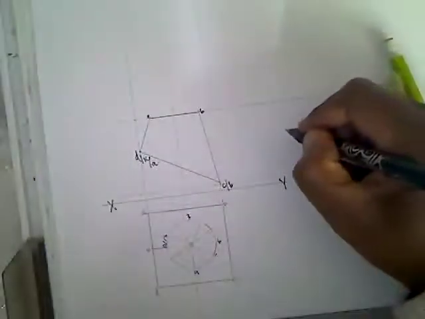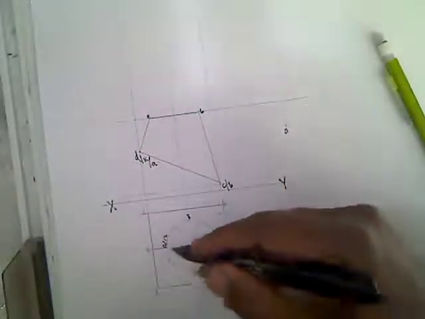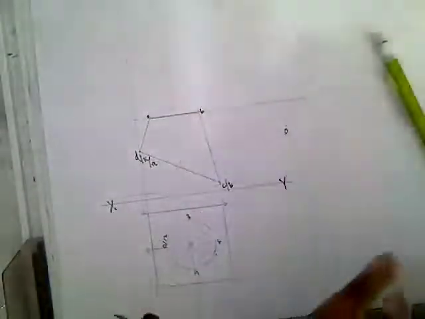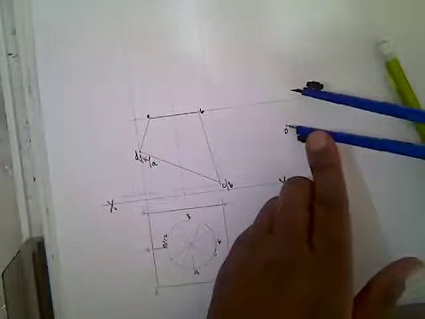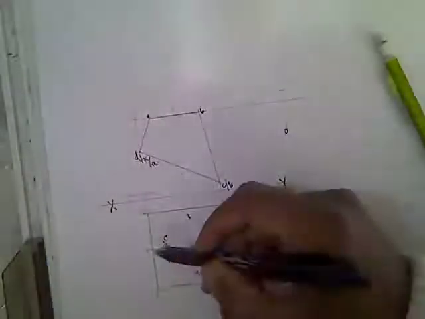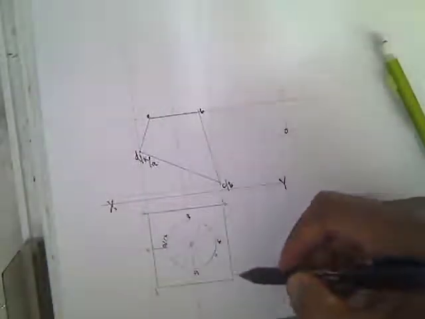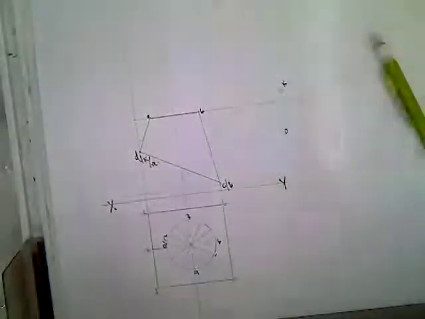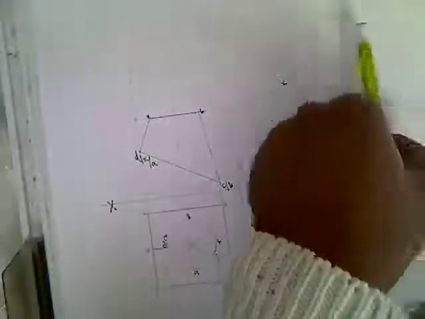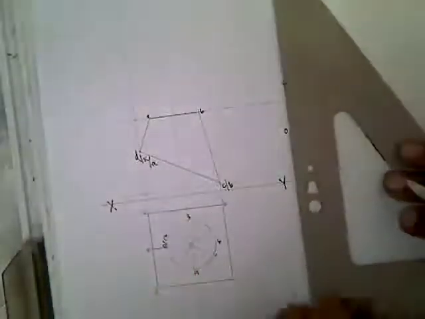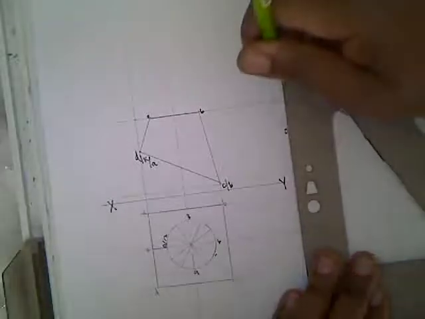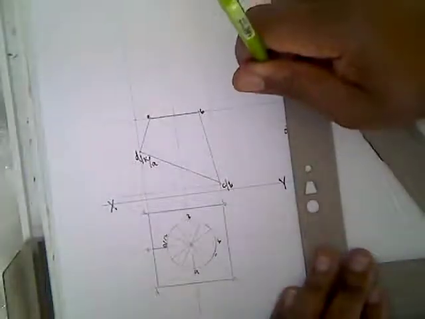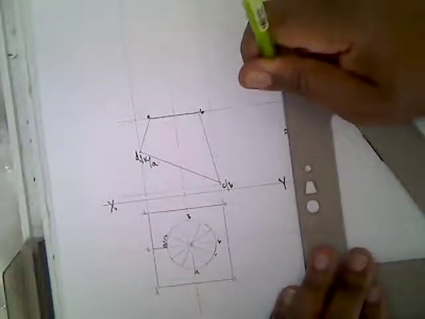K will be there, 0, K on the outside. There will be K, A, B, C, D, K. Yeah, that is my K on the outside. So that is my line 0K, that's where we'll start developing from 0 to K.